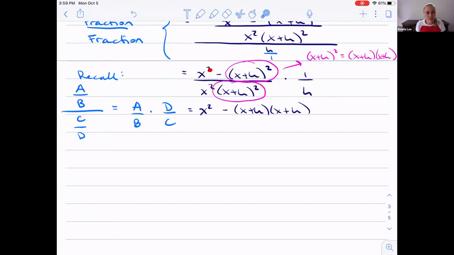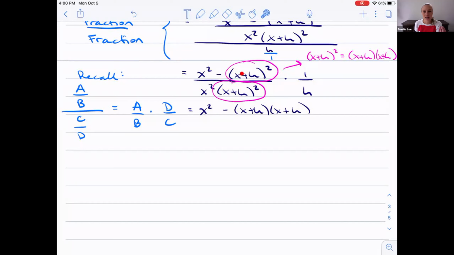Dealing with this multiplication at the same time, it's just times 1, so that's going to go away. And then in the denominator, I'm going to have x squared. I'm going to expand this x plus h. Maybe I'll hold off. The only reason I'm tempted to expand this is because I can see that I'm going to get an x squared out of it, and then x squared minus x squared, that's what looks so tempting to me.